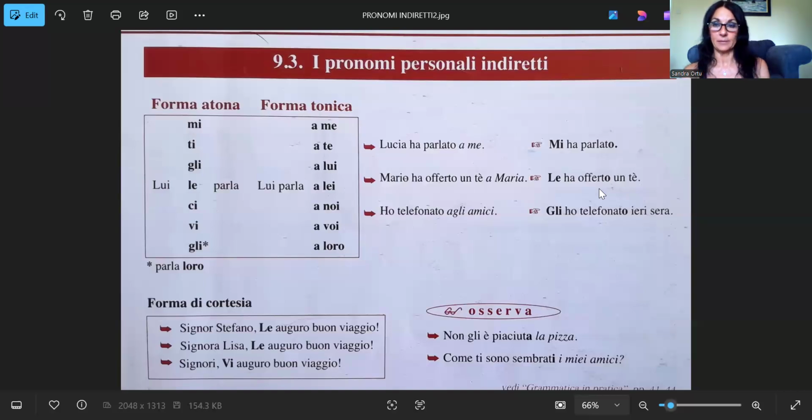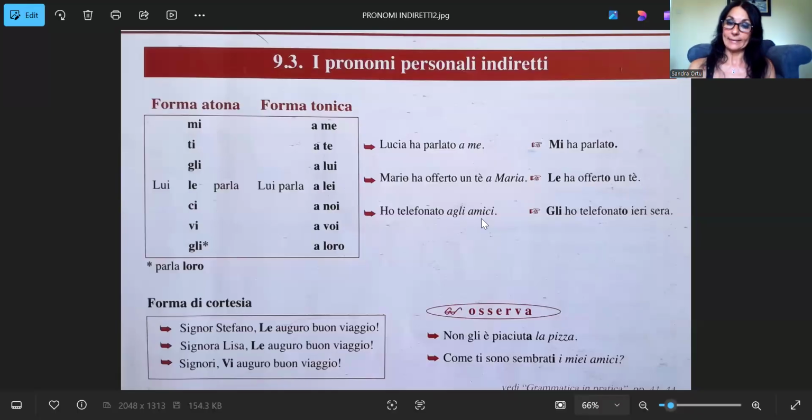He offered a cup of tea. So we're talking more about the tea, what he offers, not specifically who he chose to offer a cup of tea to. So this is the difference between the weak and the strong form, the sentence with emphasis or the sentence without emphasis.